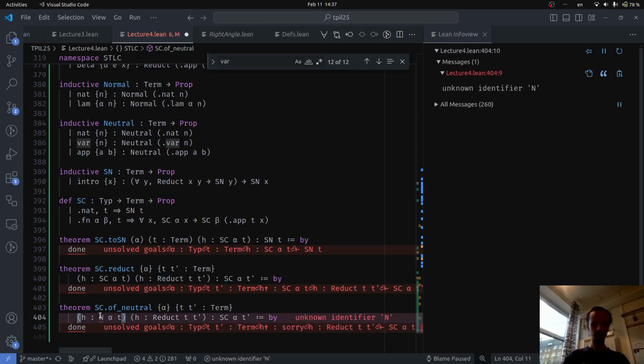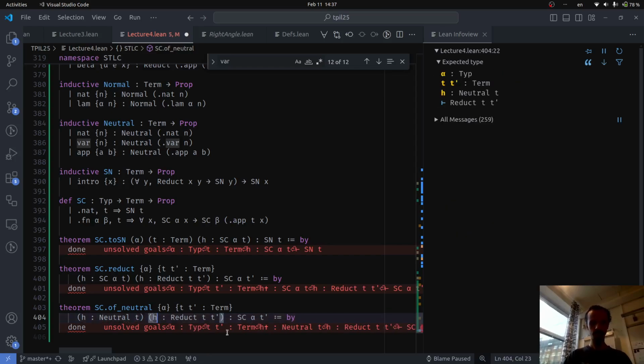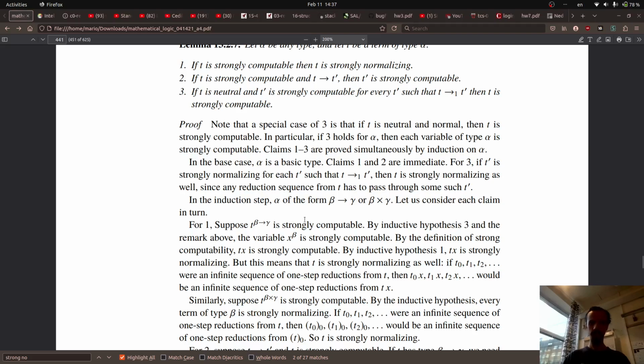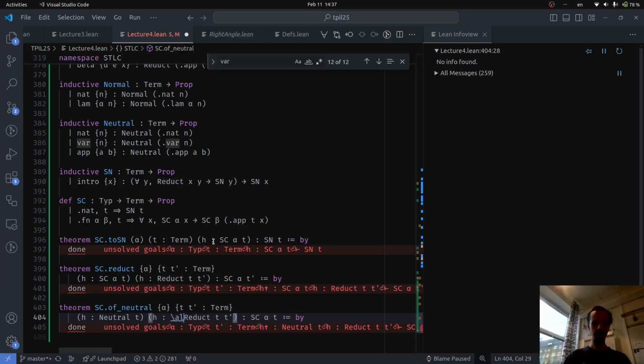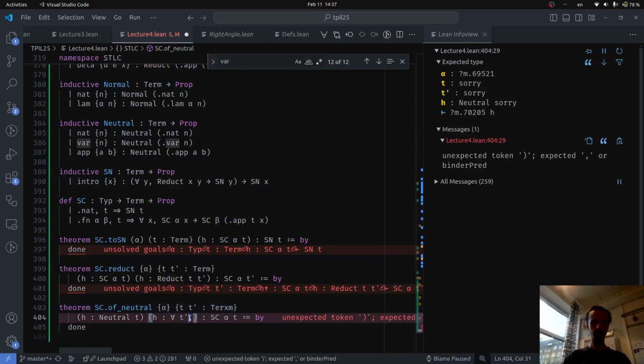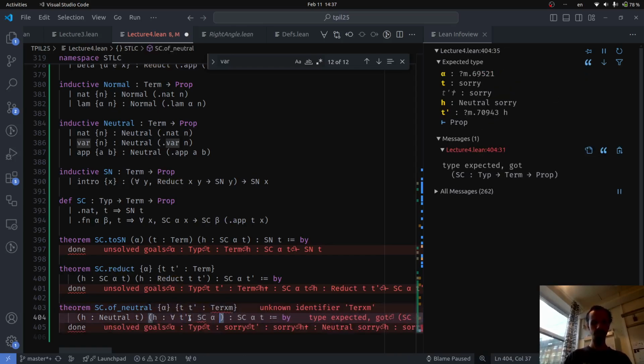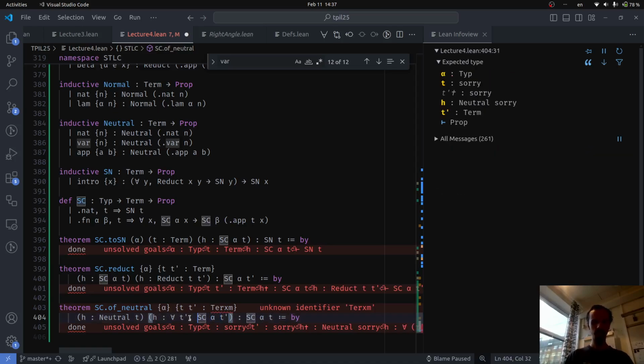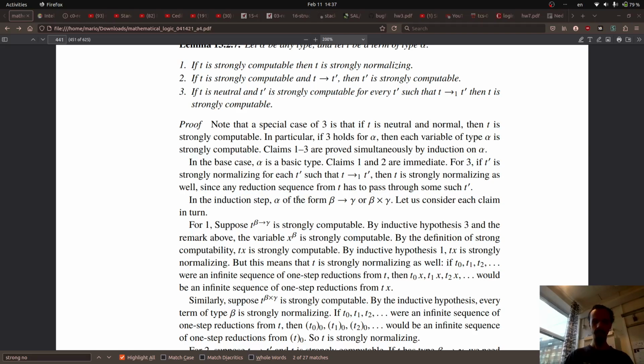So, neutral, and T prime is strongly computable for every T prime such that T steps to T prime.